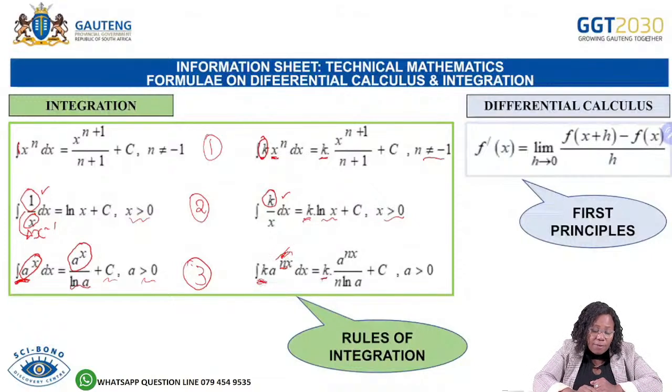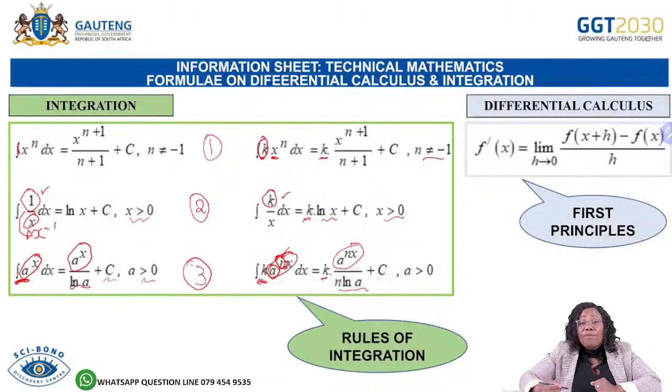Whatever you have next to your x goes on top, and on the denominator you have n ln of a, plus c to show that you have integrated, and a must be greater than 0. So we are elaborating more on the rules of integration, but at the back of your question paper you will have the three basic ones that we talked about initially.